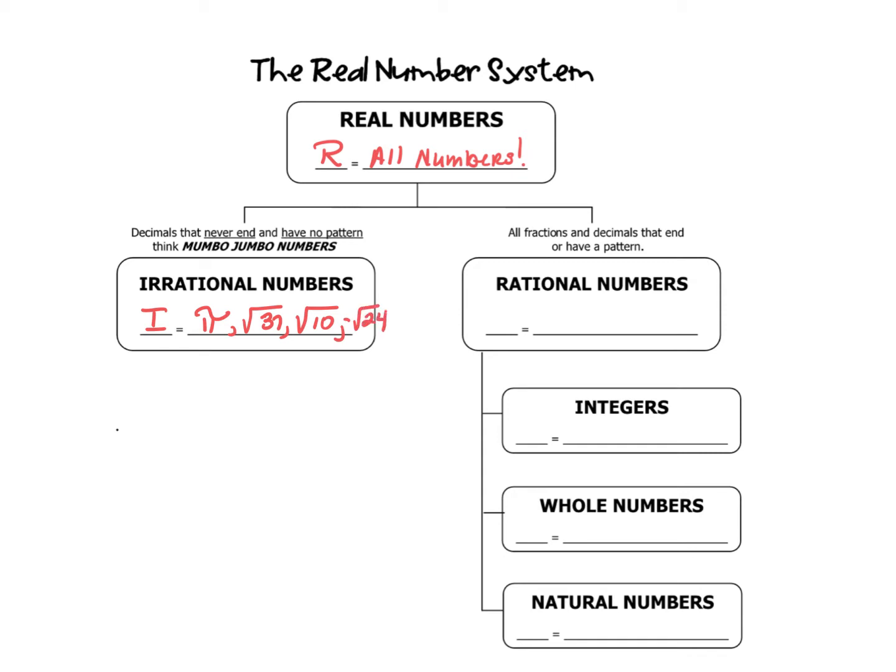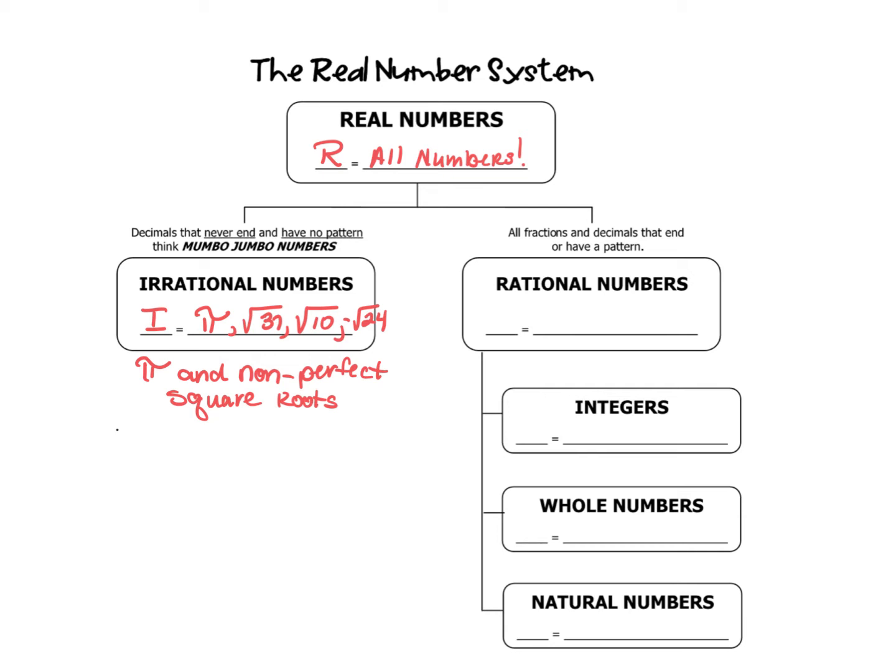They have no pattern and they never end. And then pi is also included, and non-perfect square roots, which we'll talk more about much later.